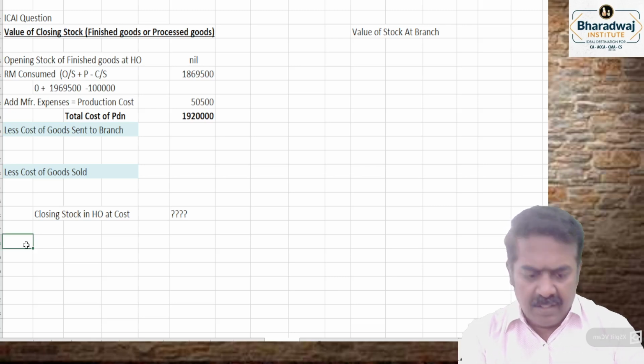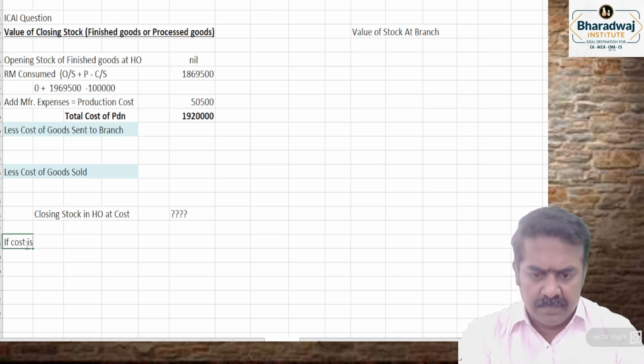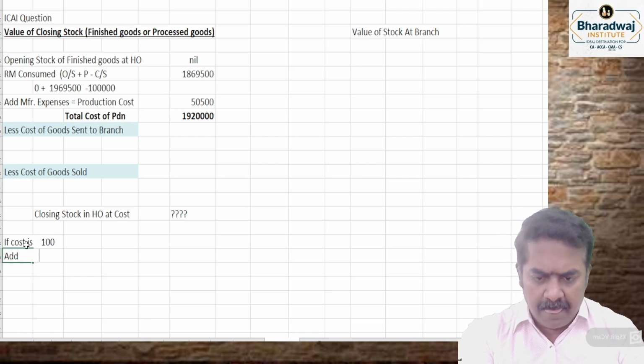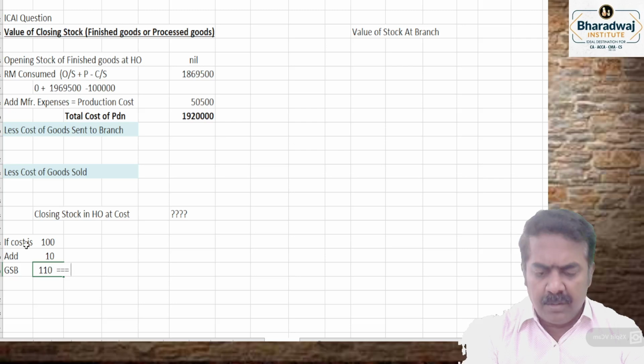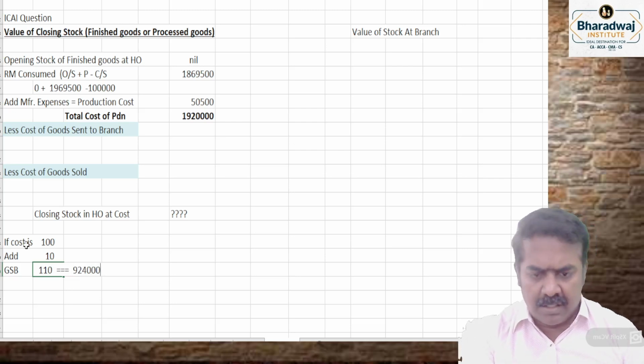Simple. If cost is 100, we add how much? 10%. And then goods sent to branch will be 110. Goods sent to branch, value 9,24,000, so cost will be lower.